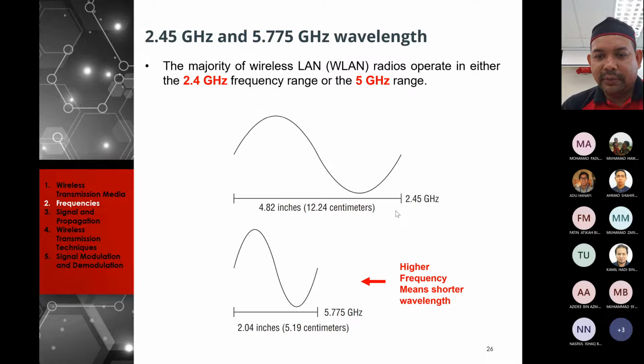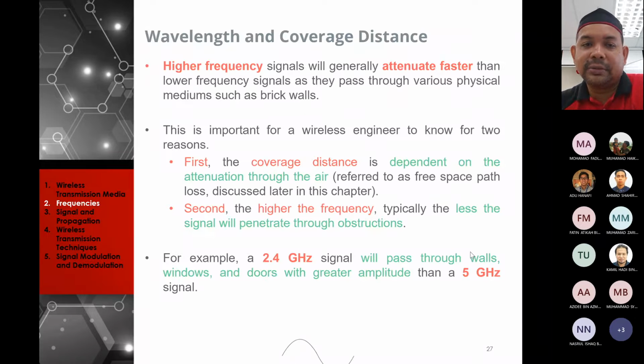So akan dapat 2.45 GHz. Kalau higher frekuensi lagi 5 GHz, kita tukar dalam 5 cm, 5.19 cm ataupun lebih kurang 2 inci. Lagi kecil, so maksudnya higher frekuensi, lagi pendek.